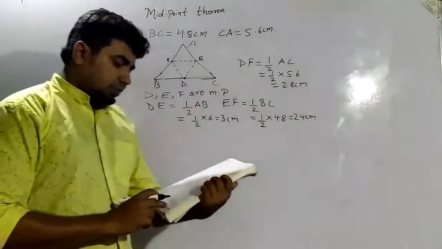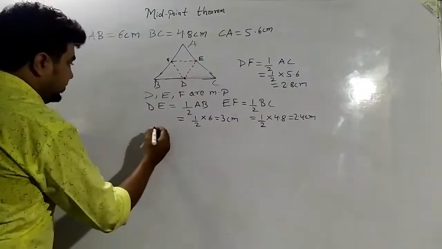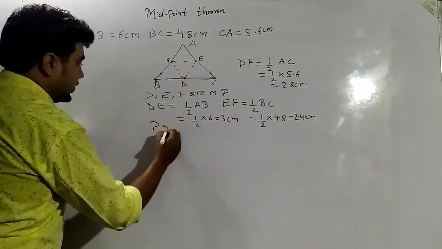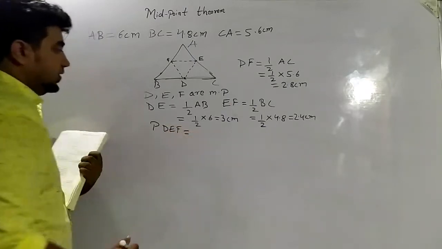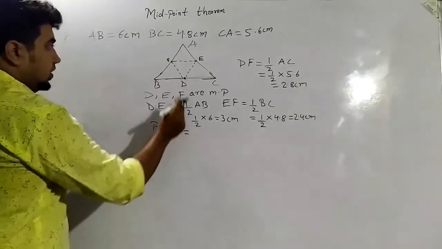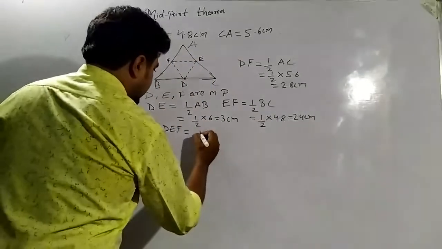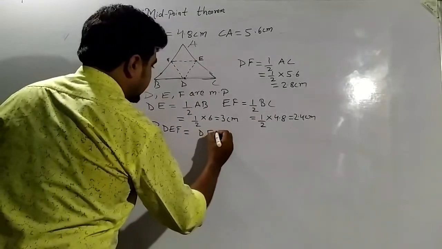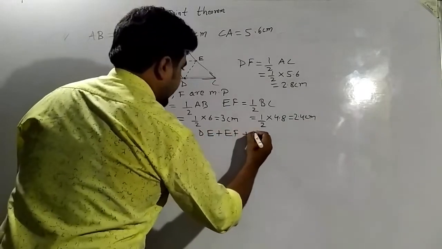So the perimeter of triangle DEF. Perimeter of triangle DEF means P of DEF. If I have to find it, means what can you say about DEF? You have to add all the sides: DE plus EF plus FD.